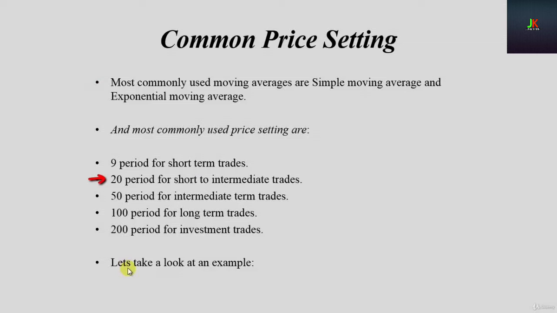For intermediate-term trades, people use 20 and 50-period moving averages. The 100-day moving average and 200-day moving average are used for long-term or investment trades. Let's take a look at an example.